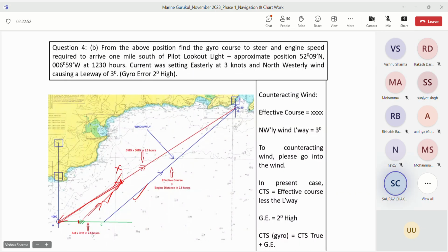Sir, but this, the effective course, if we are taking a 1 hour triangle, then do we have to shift this? No, why? Parallel, you need only direction, right? These are parallel directions. This XY and CD are parallel to each other, so you'll get the same effective course in both. Why shift?